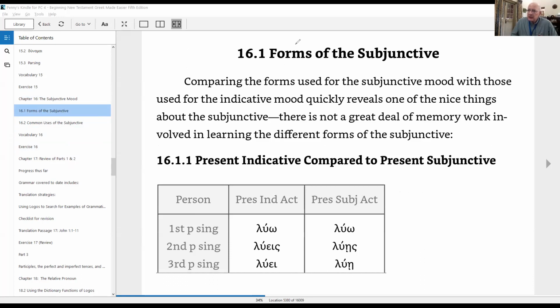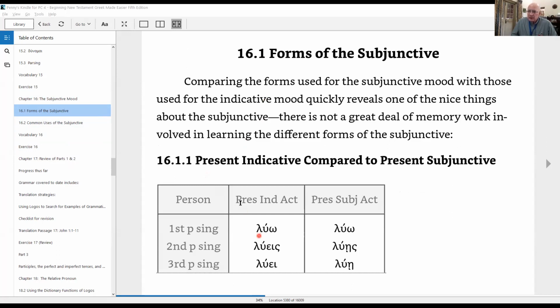Dr. McIver has given us a good summary here, and especially how he compares the different tenses and the subjunctive mood as it appears in the different endings.